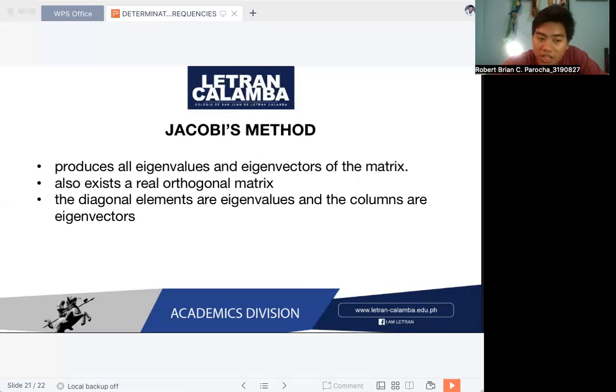There also exists a real orthogonal matrix, denoted as R, such that R transpose D R is a diagonal matrix. The diagonal elements are the eigenvalues, and the columns of the orthogonal matrix R are the eigenvectors.